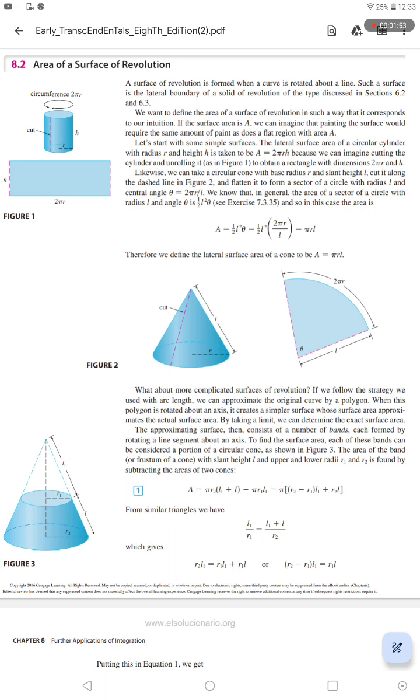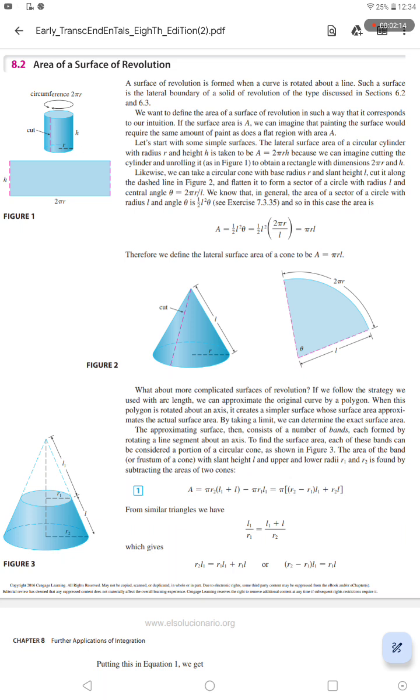We know that in general the area of a sector of a circle with radius L and angle theta is 1/2 L squared theta. See exercise 7.3.35.